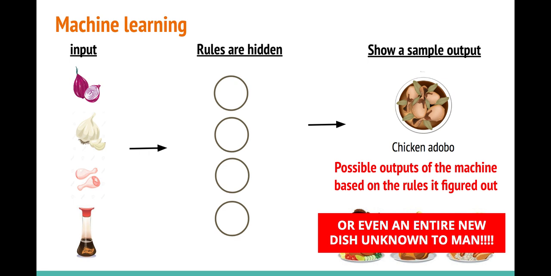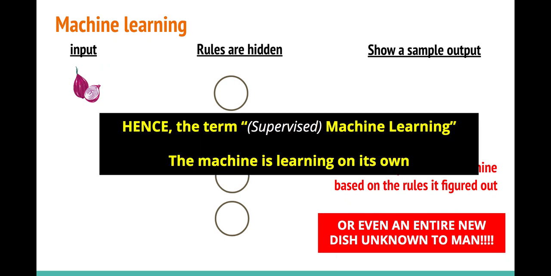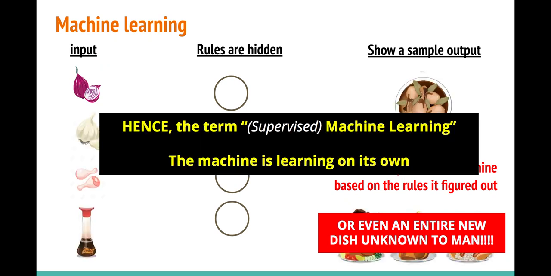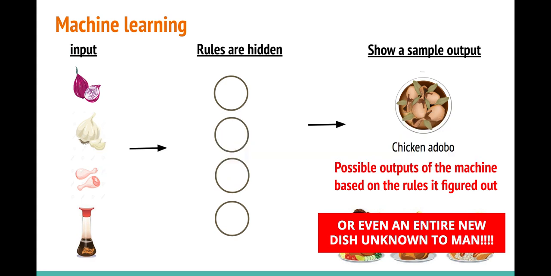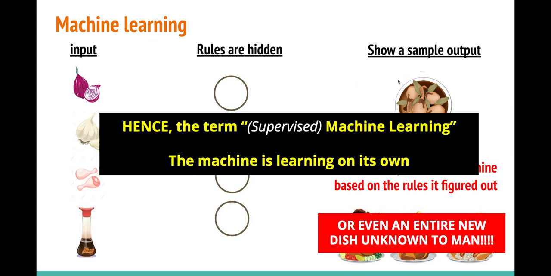So the machine can come up with an entire dish unknown to man. Okay, so hopefully you get the point. Hence, this is what we call machine learning. The machine is learning on its own. Based on the input and the output that we gave, the machine is learning on its own.